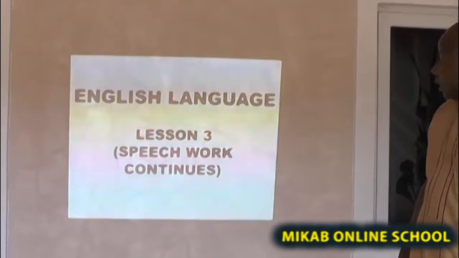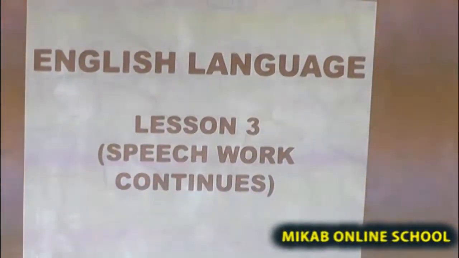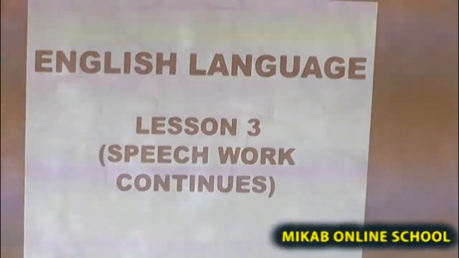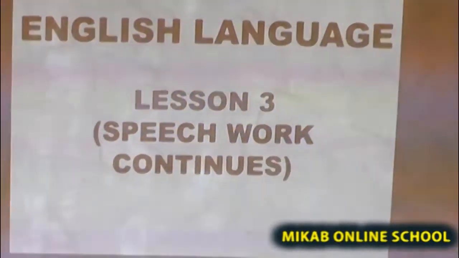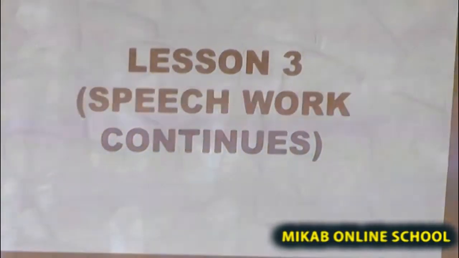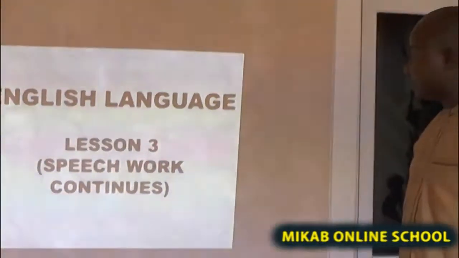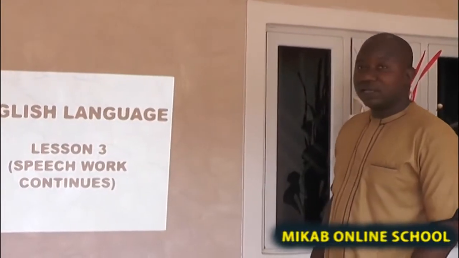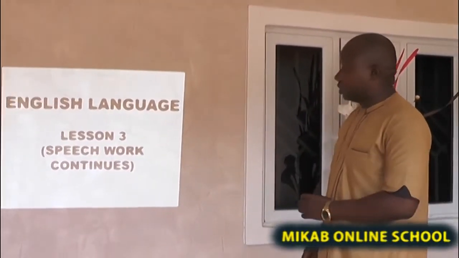In our previous lessons, we have discussed the various introduction to speech work. Then we learned that there are two basic divisions, which are the vowel sounds and the consonant sounds.